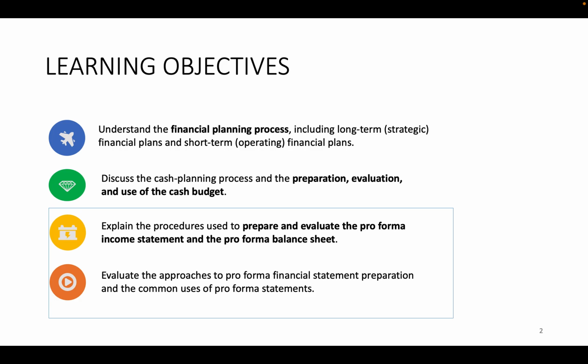So today's topic will actually go for learning objective number 3 and 4, whereby it is to explain the procedure used to prepare a pro forma income statement and pro forma balance sheet, and how you want to evaluate both of these statements. And then to evaluate the approaches to pro forma financial statement preparation and what are the common uses of it.